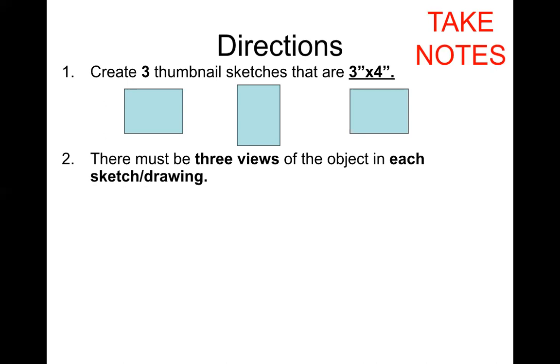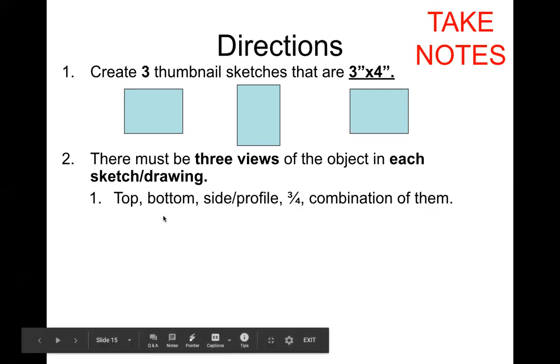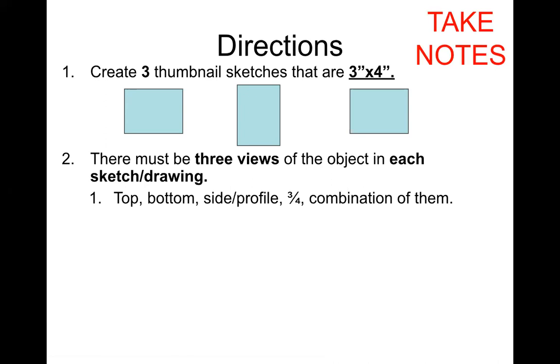So we're gonna do 3 different views. You could do a top view, a bottom view, a profile, or a combination. I've got my bug here. Top view would be like this, front view, bottom view, profile.